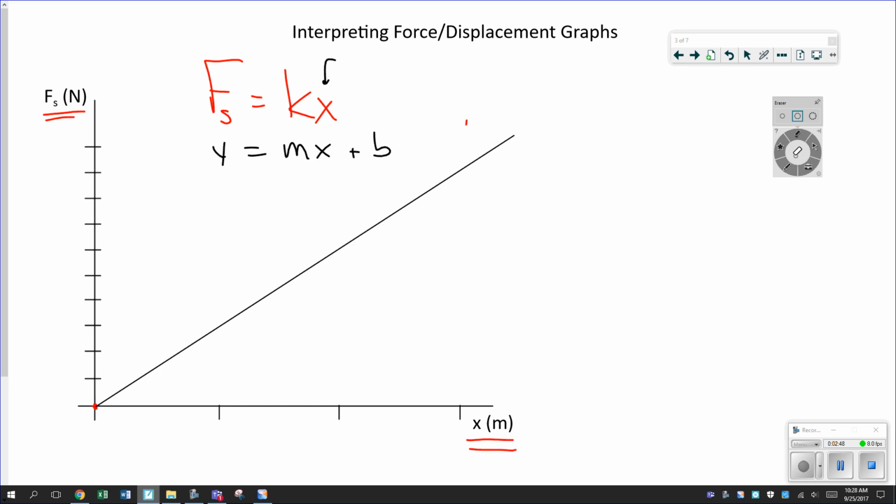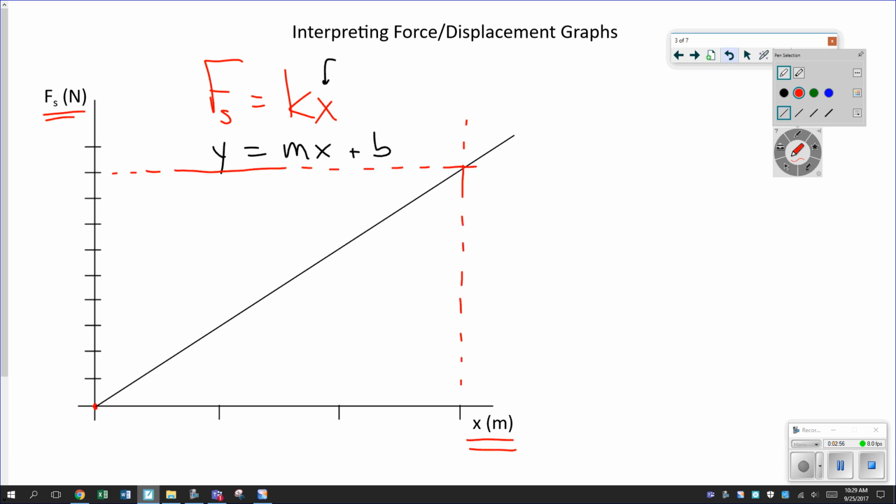Now, this also shows us the nature of spring forces. Let's put those back. So it shows us that if this spring is stretched this much or compressed that much, the spring responds by applying that much force.